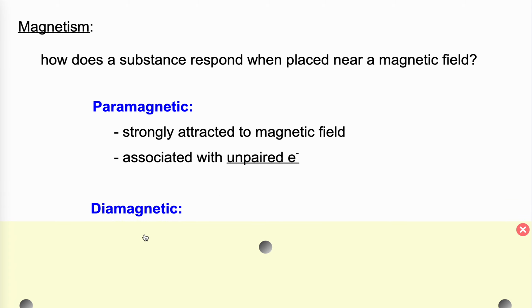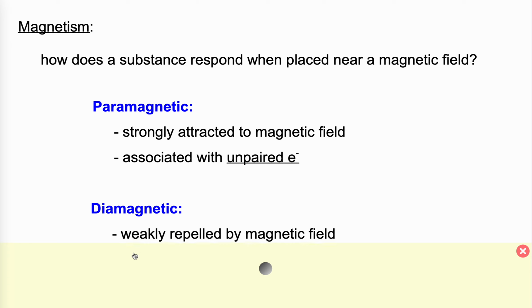Correspondingly, a substance is described as diamagnetic if it is weakly repelled by a magnetic field, and that is associated with paired electrons. So we can use the molecular orbital energy level diagram to predict whether a substance is going to be paramagnetic or diamagnetic based on whether or not it has unpaired electrons. And you can easily see that from the molecular orbital energy level diagram.